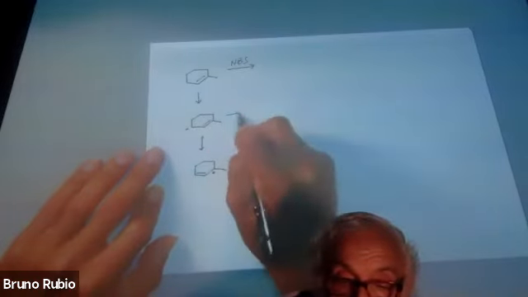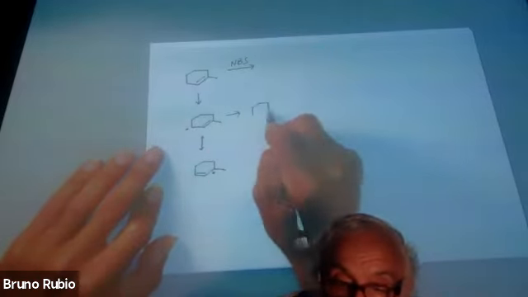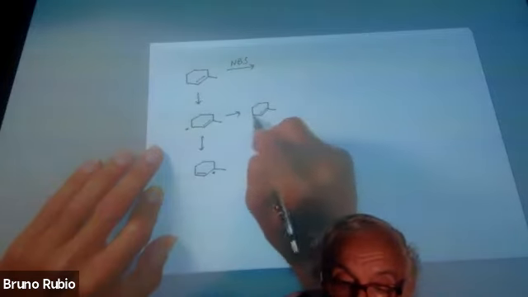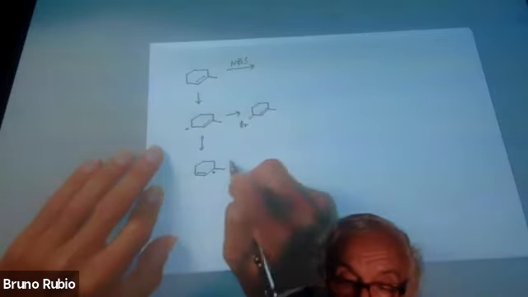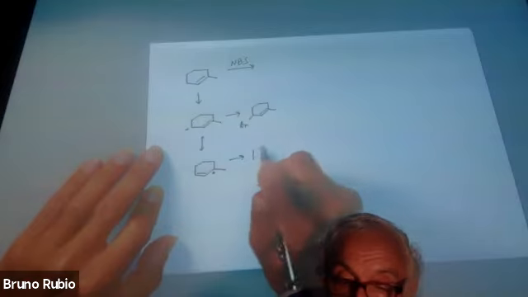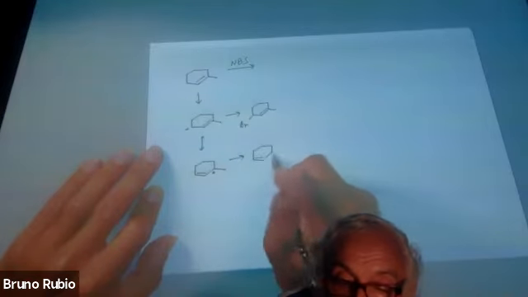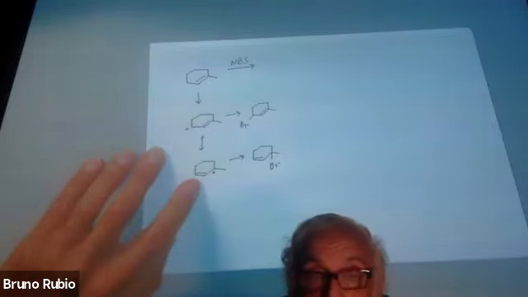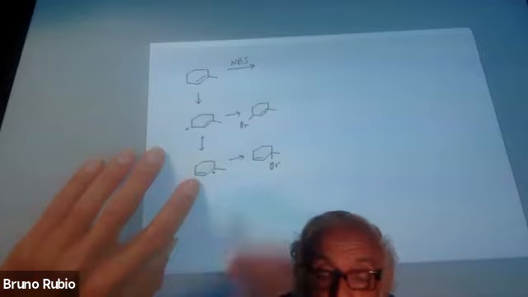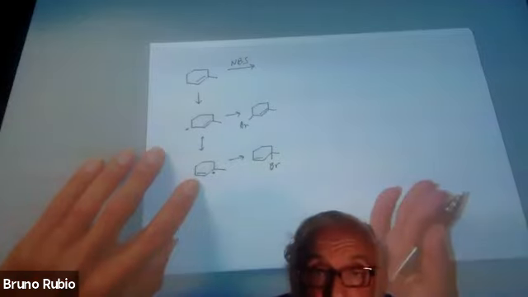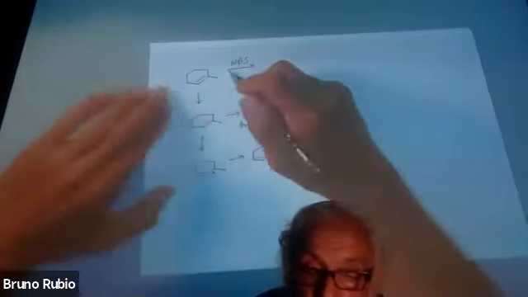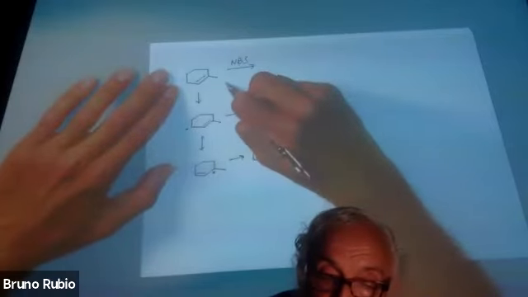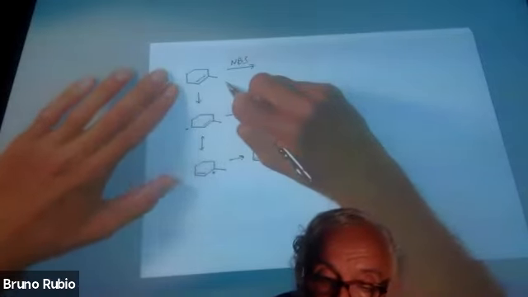So this guy is going to give this product, and this guy is going to give that product. Well, maybe you're thinking that the major product here might be this tertiary center? It would. Okay, so now, but we have more, whoa.